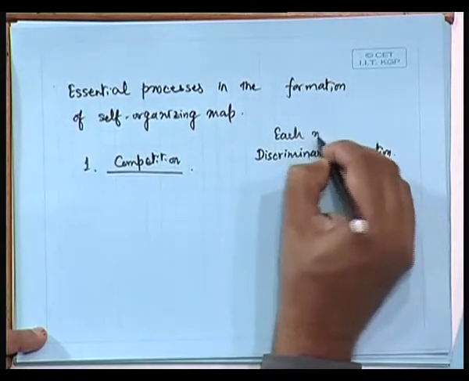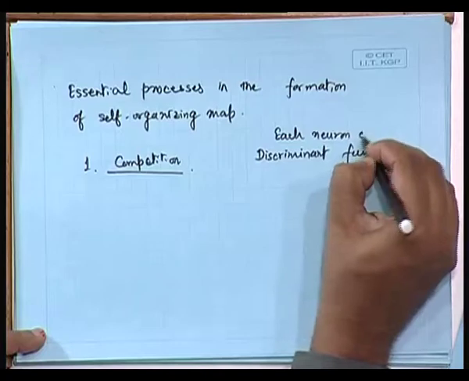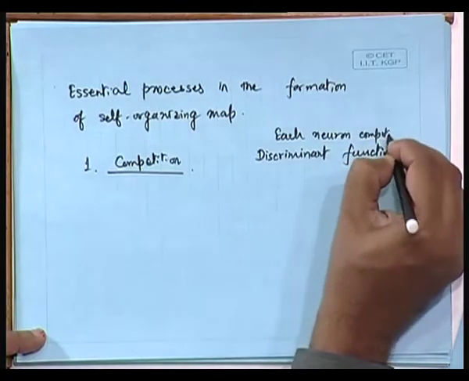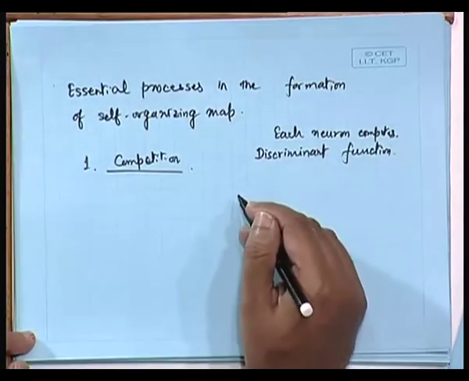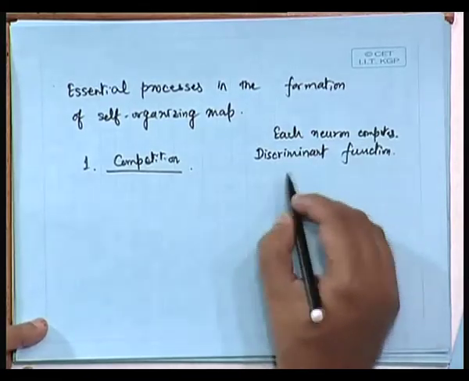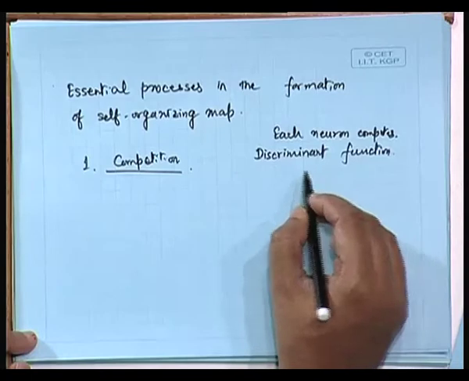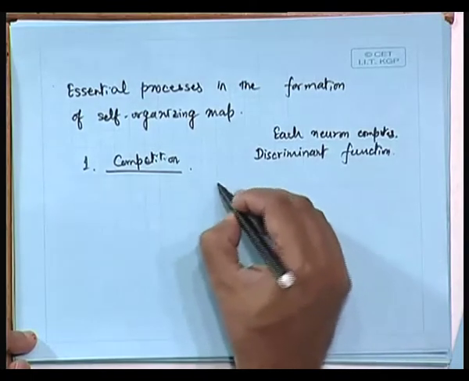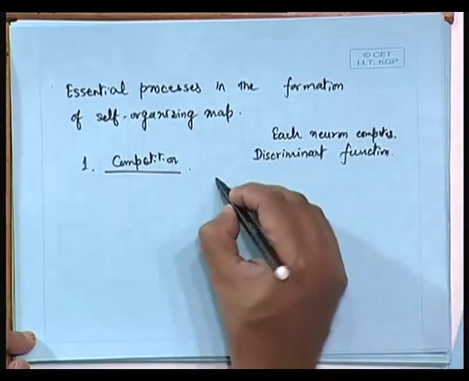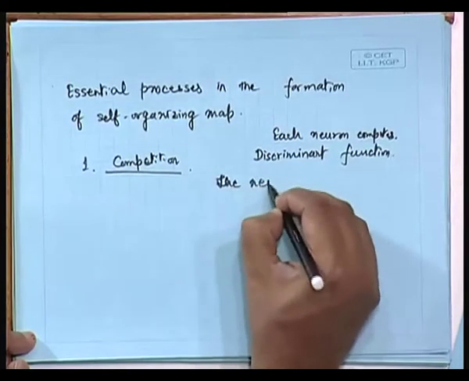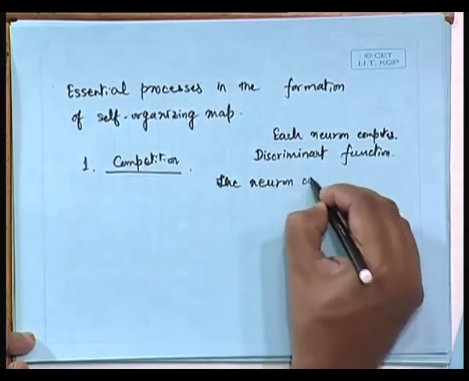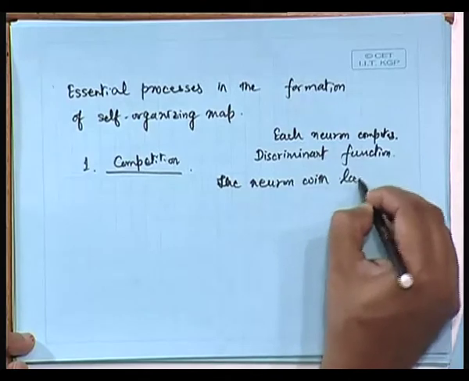So, each neuron computes the discriminant function, and this function provides a basis of the competition. The neuron with the largest discriminant function is the winner.